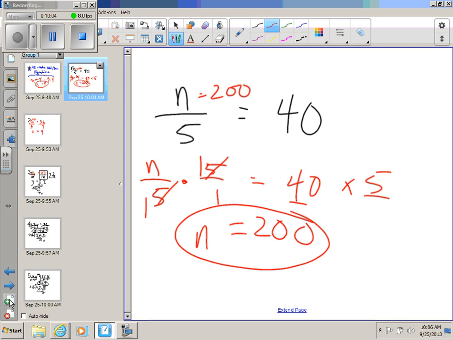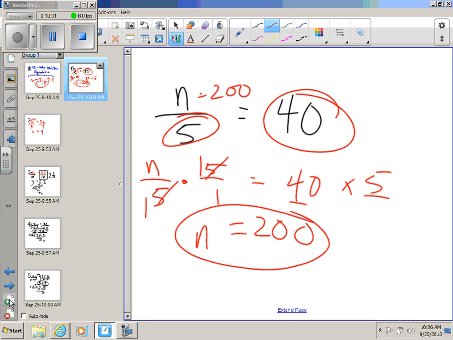You have to go through the motions. You can use mental math, but it's much easier to make careless mistakes because your brain has been so conditioned to seeing 5 and 40 and immediately thinking 8. I don't think we immediately think 200 when we see 40 and 5, do we? Not necessarily.